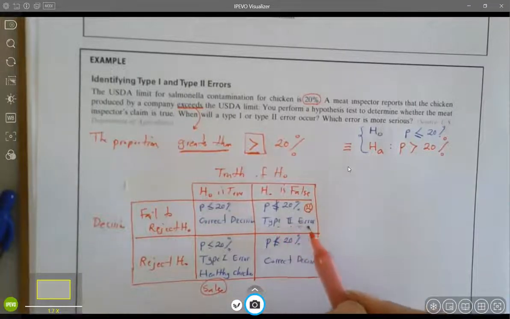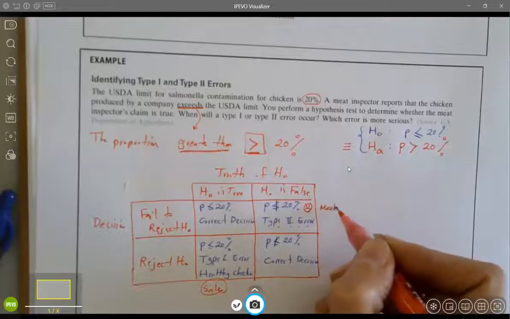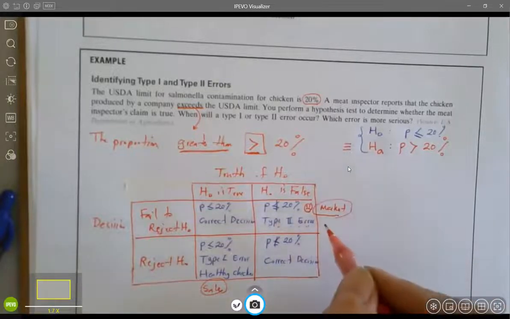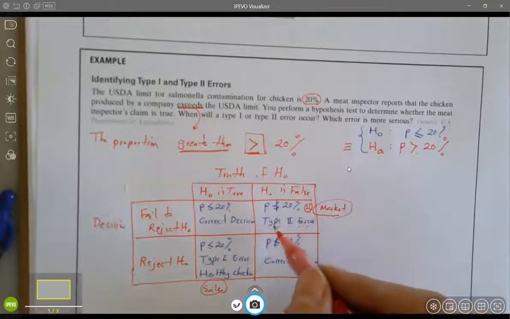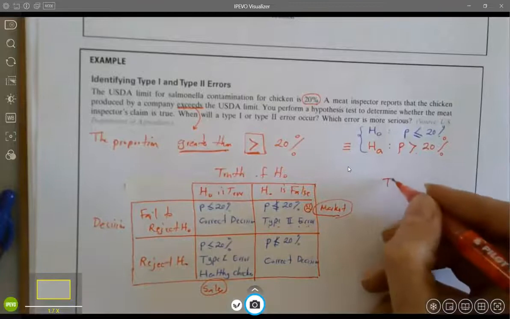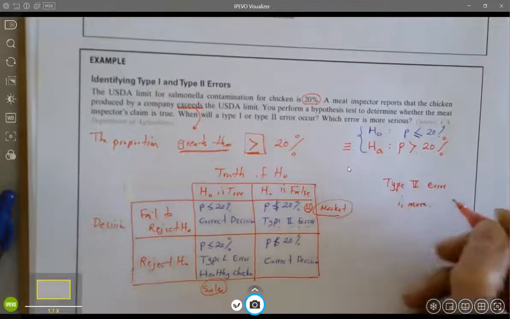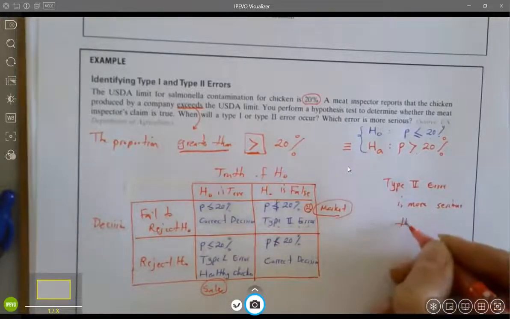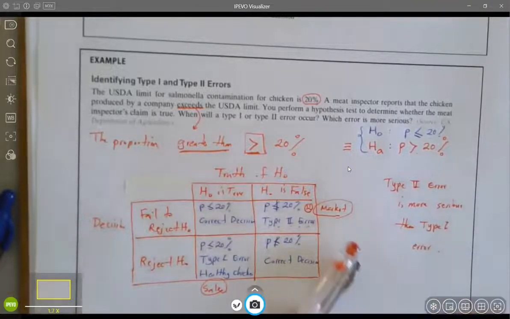So if you make type 2 error, if you have an unhealthy chicken and you decide that, hey, the chicken is healthy, it might get into the market and it's dangerous to people's safety and health. So this is more serious than type 1 error. Type 2 error is more serious than type 1 error.